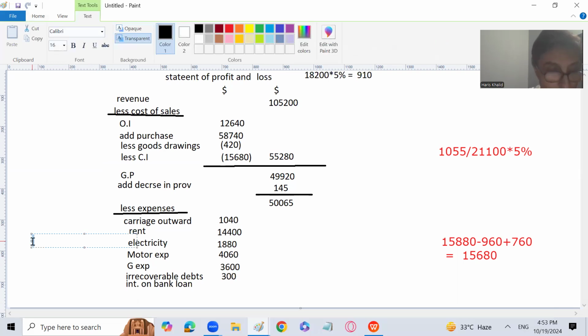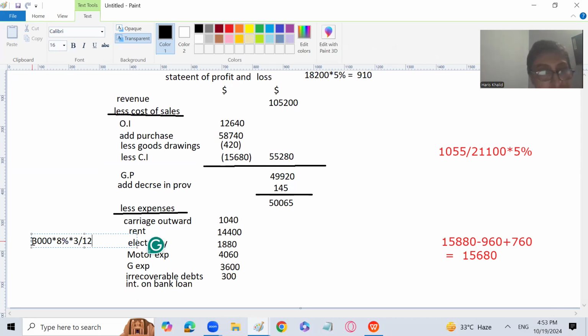So the interest is going to be 3000 times 8% times 3 over 12. How come, sir? My dear, 3000 times 8% times 3 over 12. That means our interest on bank loan is going to be for April, May, and June, right?